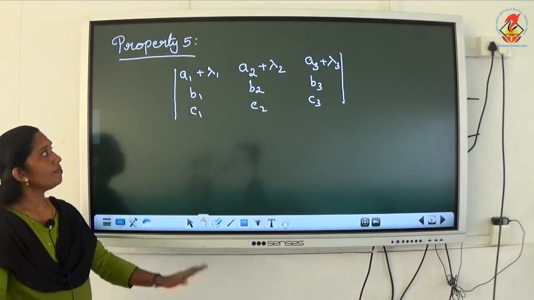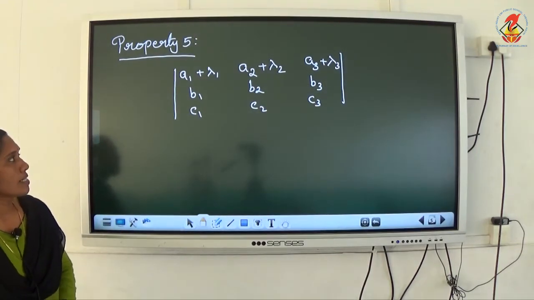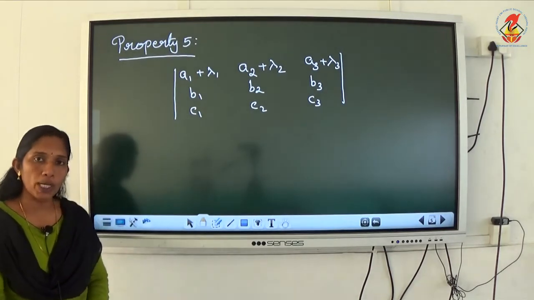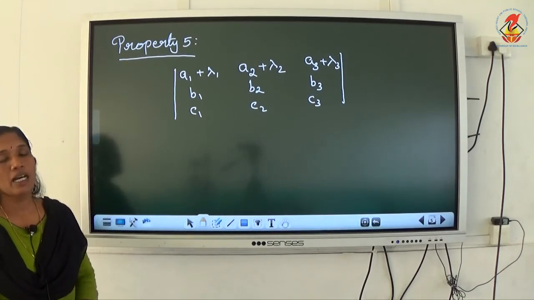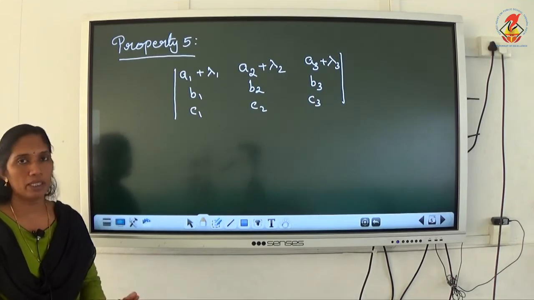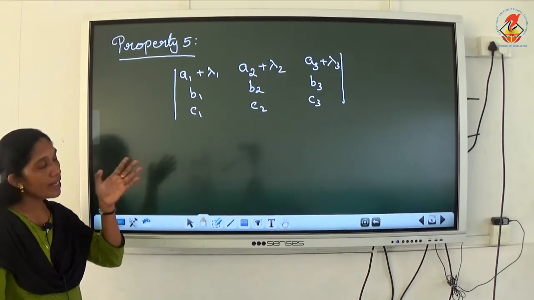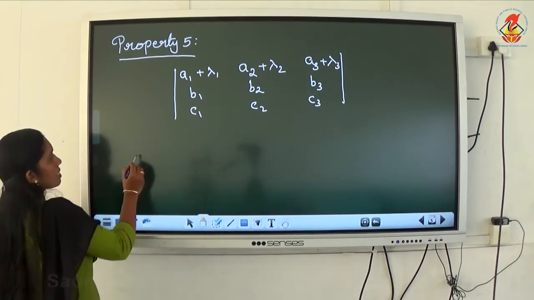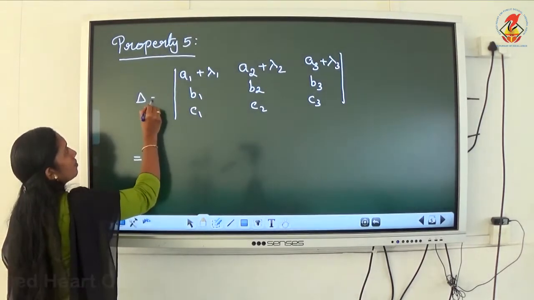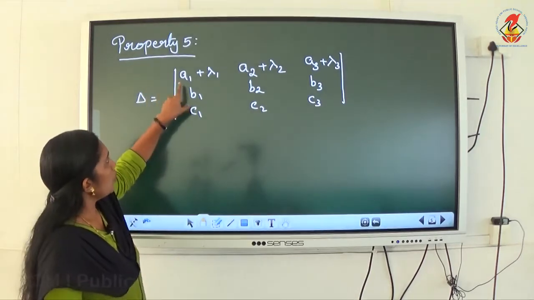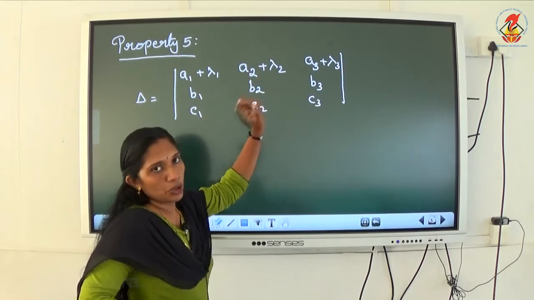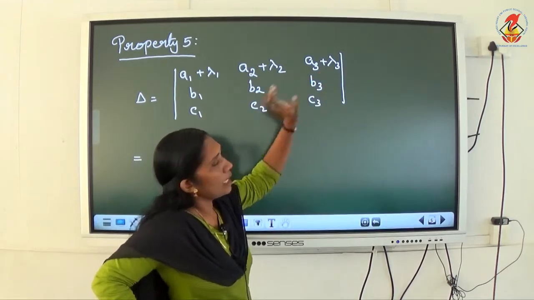The next property is, if all elements of a row or a column are expressed as a sum of 2 or more terms, then the whole determinant we can express as a sum of 2 or more determinants. That means, look here, delta is equal to A1 plus lambda 1, A2 plus lambda 2, then A3 plus lambda 3.